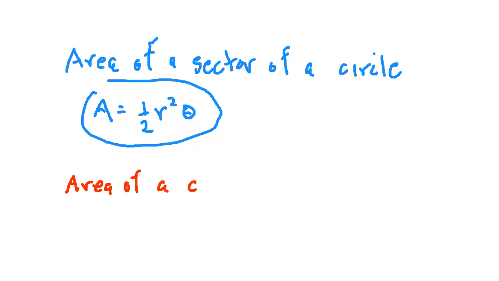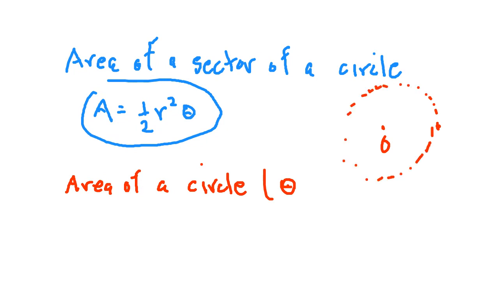Let's say you wanted the area of a circle. To draw a circle, starting from here, if this is your origin and this is your starting line, and you draw that circle, what's theta equal to for the circle? 2 pi.